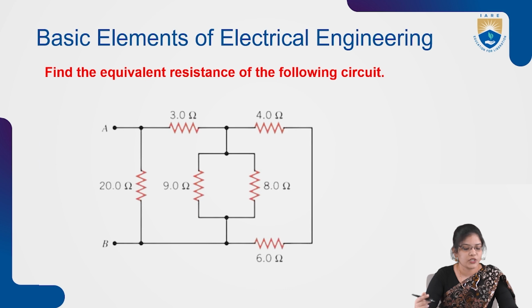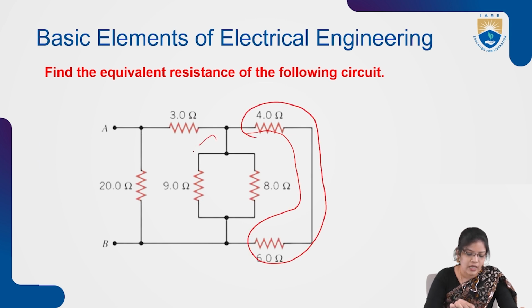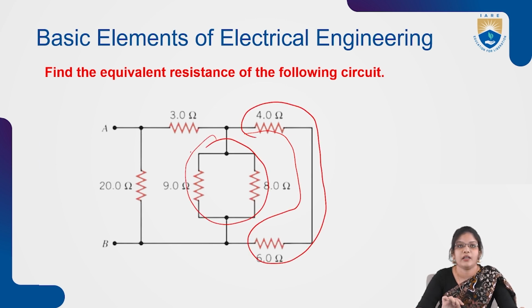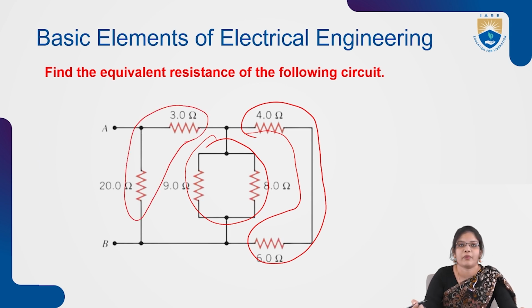So here the question is given as: find the equivalent resistance of the following circuit across the terminals A and B. Here also in the same fashion we need to find the combinations. First, these two resistors are connected in series combination and these two resistors are connected in parallel combination and these two are also in parallel.